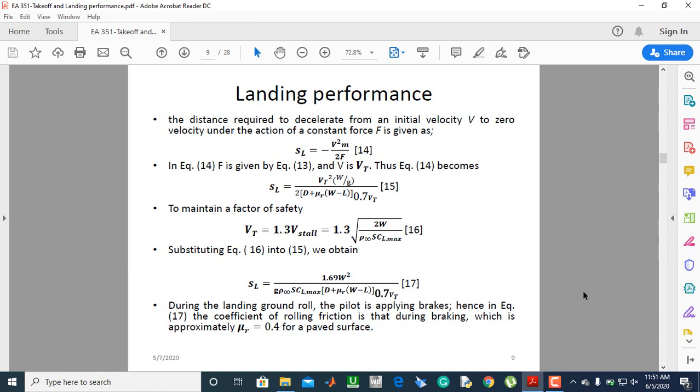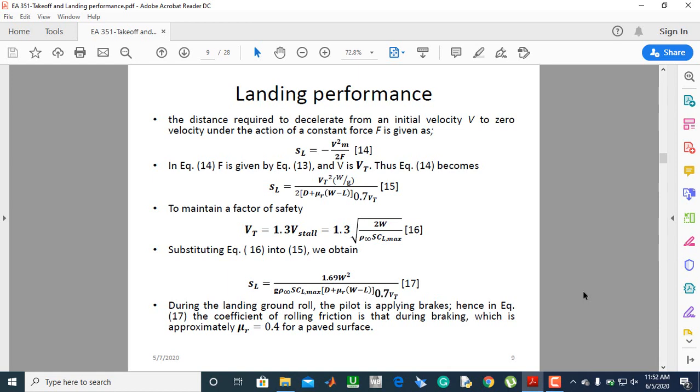given by equation 14. So Vt is the touchdown speed, where there was the mass, you substitute weight divided by the gravity force, and you have this expression.